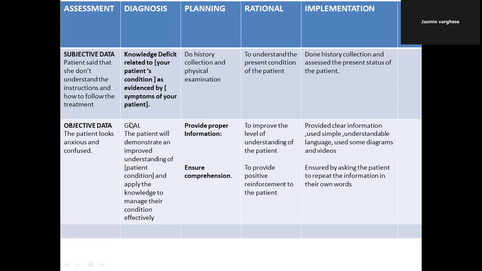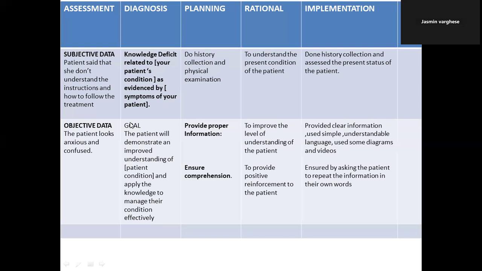What is objective data? The patient looks anxious and confused. Obviously, the patient will show anxiety and a bit of confusion because she or he doesn't know how to follow, how to monitor, how to continue the management modalities, or how to follow the treatment plans.